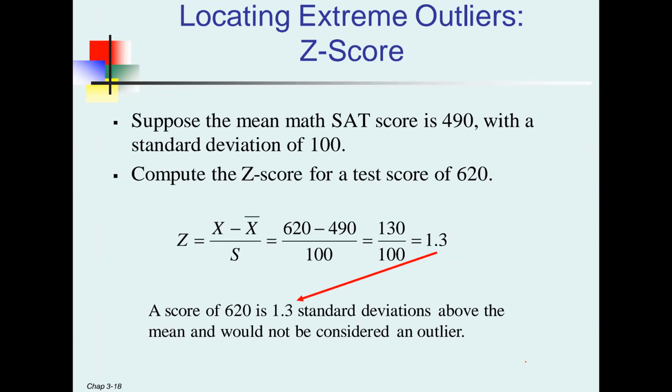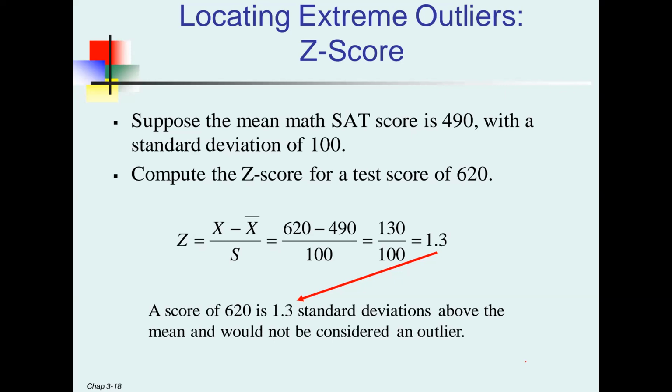There is a score of 620, and the mean of the scores is 490. Then the standard deviation there is 100. So to find the Z-score, you say X variable, which is a score, which is 620 minus 490, divided by the standard deviation 100, and you have 1.3.